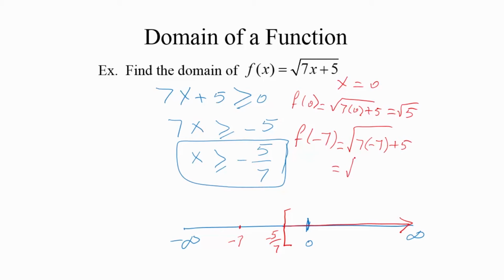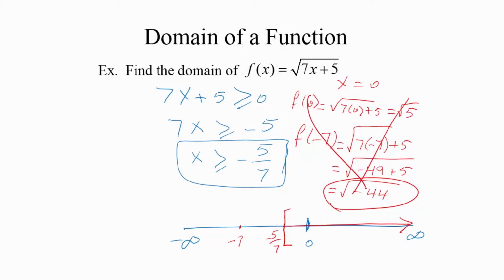That would be square root of minus 49 plus 5, equal to square root of minus 44, right? You cannot take the square root of a negative number. So that is not part of the answer. So the answer is anything greater than or equal to minus 5/7 would satisfy the domain of this function. So we have excluded part of the real numbers out of the domain of this function.